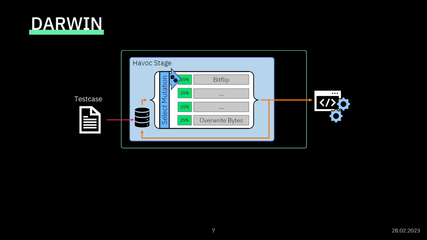So what do we do in DARWIN, which is our mutation scheduling approach? This is a zoomed-in picture of a regular havoc stage, which you can also find in AFL. You have mutation operators, for example in this case bit flip and overwrite bytes, but in reality you get much more. And we just made up some numbers and statically assigned probabilities.